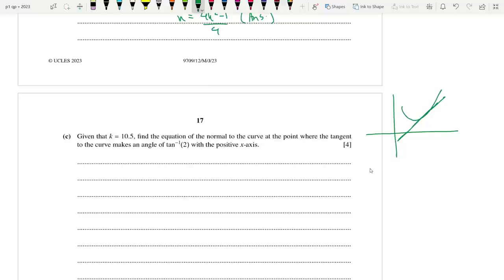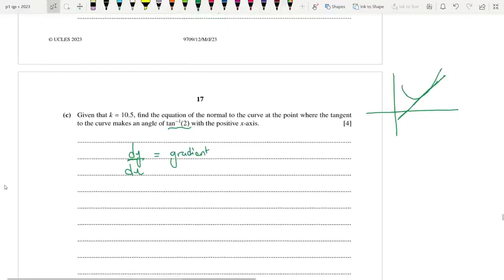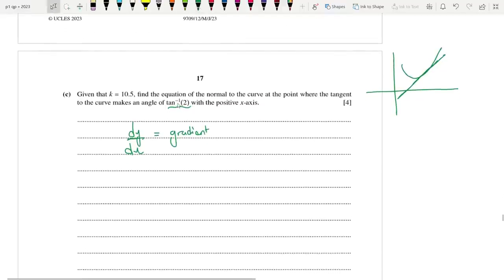So what does tan inverse 2 mean? We know that dy by dx is basically the gradient. Since the angle theta is equal to tan inverse 2, we can say that tan theta is equal to 2. So always remember that dy by dx represents the gradient. It's the change in y divided by the change in x.